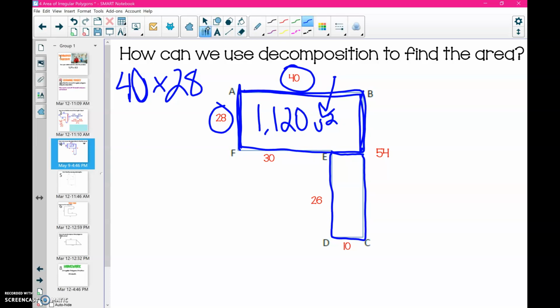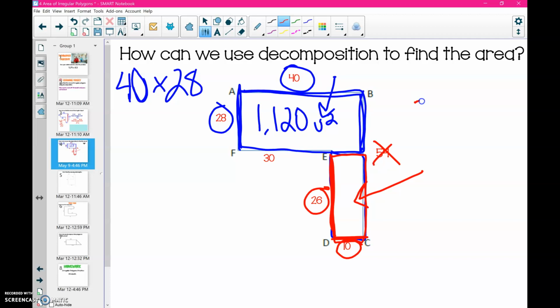So that's for this rectangle, but don't forget, we also have this other rectangle. I'm going to switch colors so you can see it more easily. We also have this rectangle right here that we have to figure out. Well, for that rectangle, I can see that it has a length of 10, width of 26, right? We've got 10 here, 26 here. I don't need that 54 because that was for the whole side. I don't need that now.